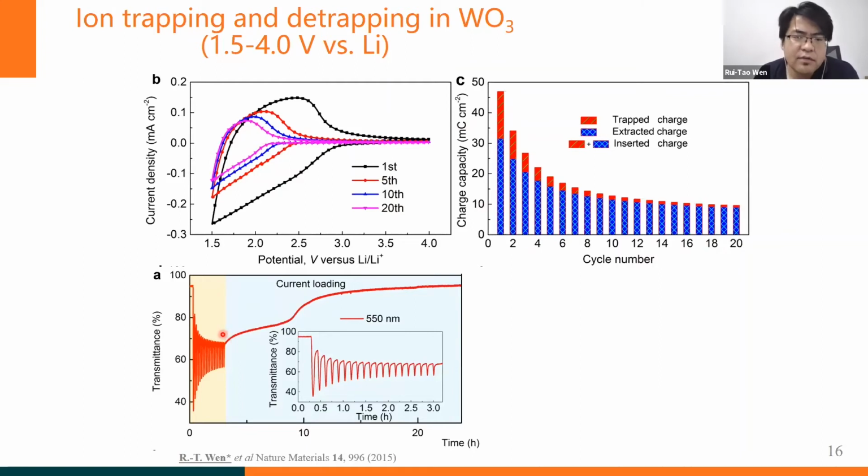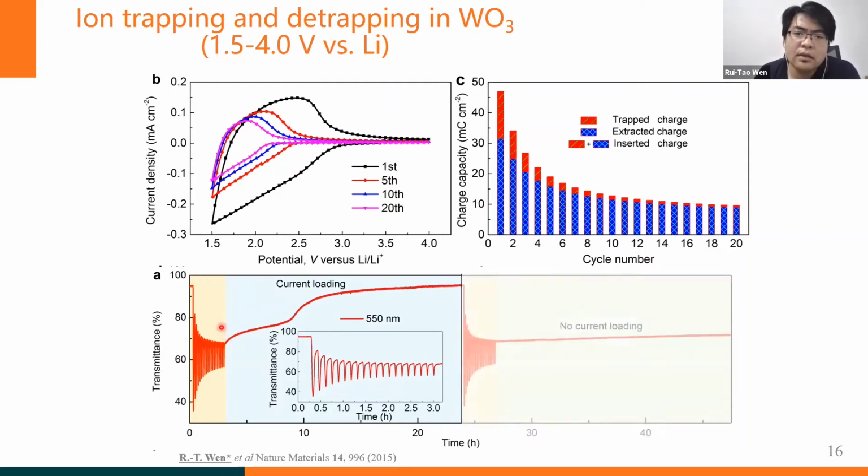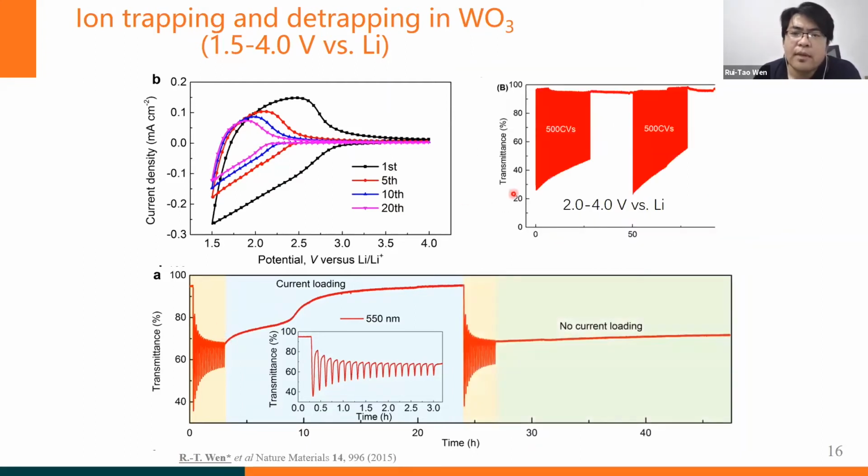The big difference from the previous result is that, as you can see, when cycling the film only in the 2.0 to 4.3 volt range, during the detrapping process the optical modulation doesn't change, and during the degradation period only the color state is degraded. But this is different when we cycle the film in the range of 1.45 to 4 volts.